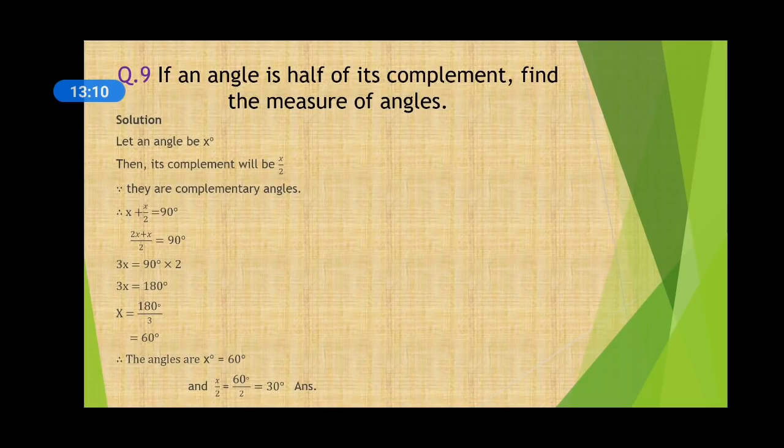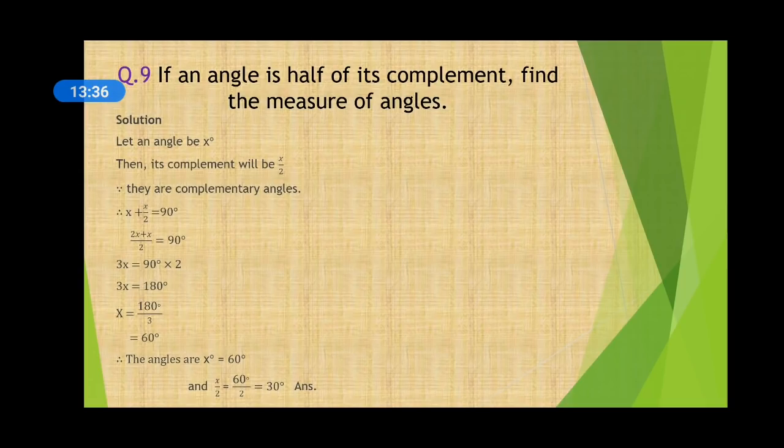Question number 9. Read the question carefully and then look at the solution. If an angle is half of its complement. Now try to understand the language of the question. An angle is half of its complement.